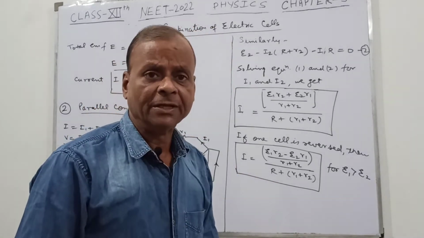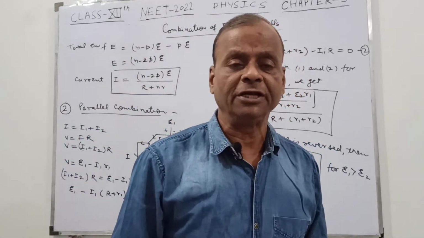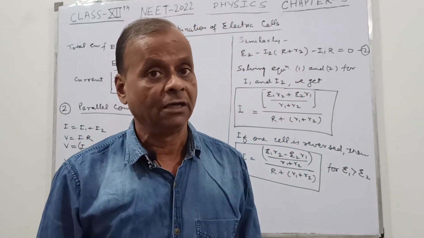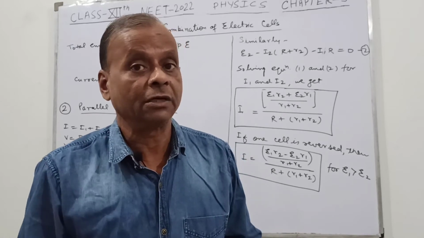Now let's suppose there are n cells, each of EMF E and internal resistance R, connected in parallel. Then what will happen?